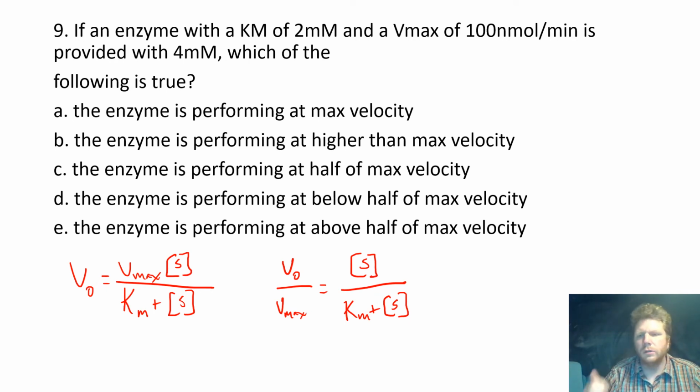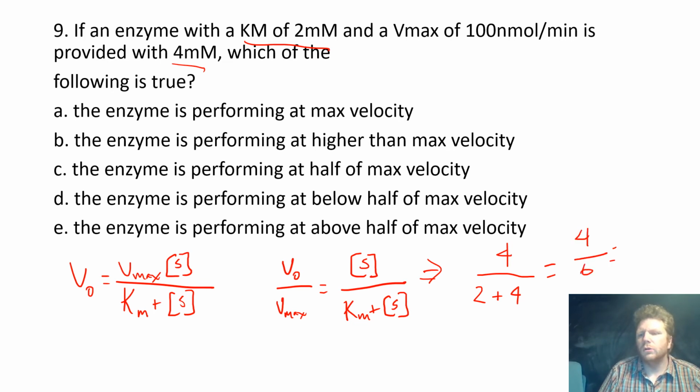Now, when you plug all this information in, you don't have to use all of it. What you do have to use is your Km and your current substrate concentration. So you could rewrite this as 4, because that's our substrate concentration, over 2, that's our Km, plus 4. So basically we are at 4 over 6.